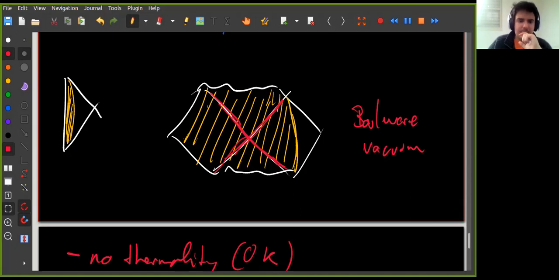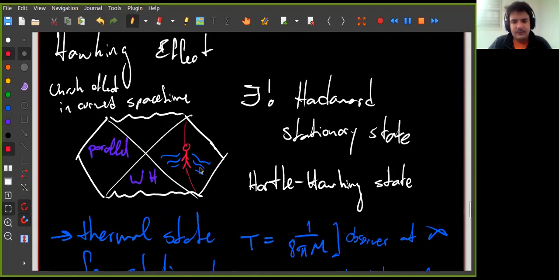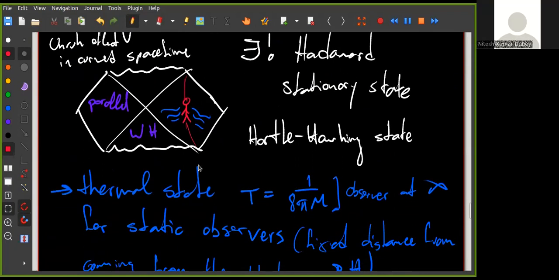It's due to the absence of a horizon. The horizon is what makes the thermality. And even in the case of the Hawking vacuum, it is the existence of the horizon that guarantees we're going to have thermality, even coming from infinity. Yeah, but even if in the Hartle-Hawking vacuum we have a horizon, if you have some inertial observer freely falling into the black hole, even though there is a horizon, he doesn't observe any thermality.